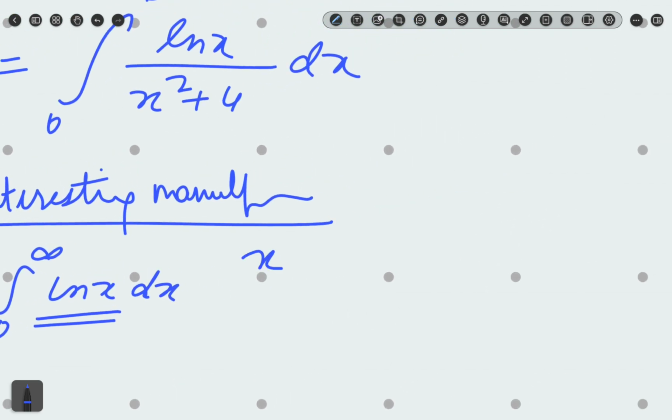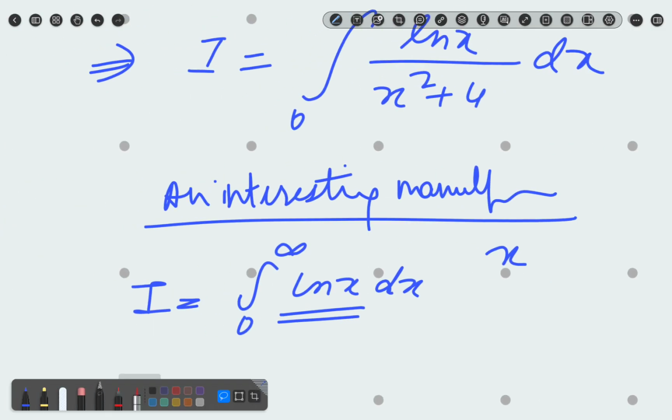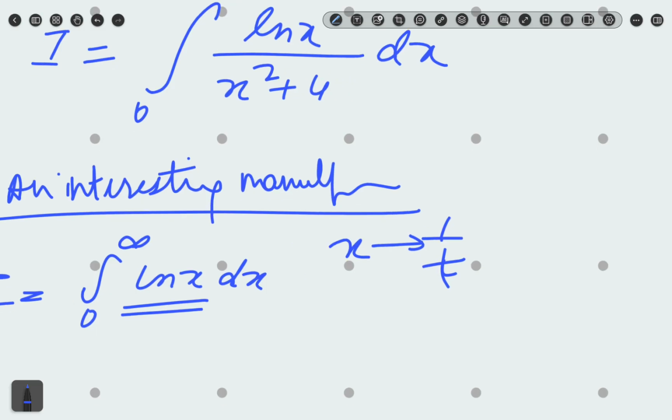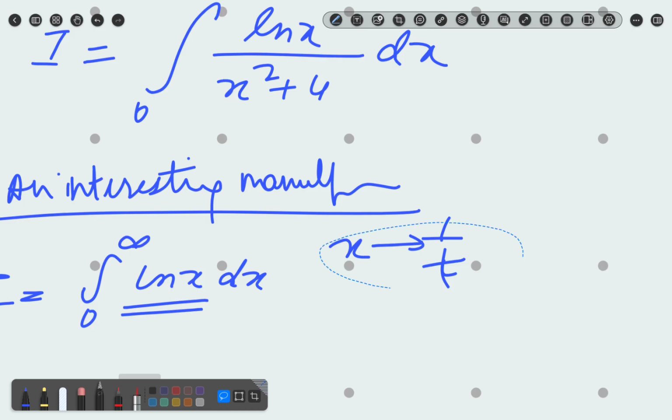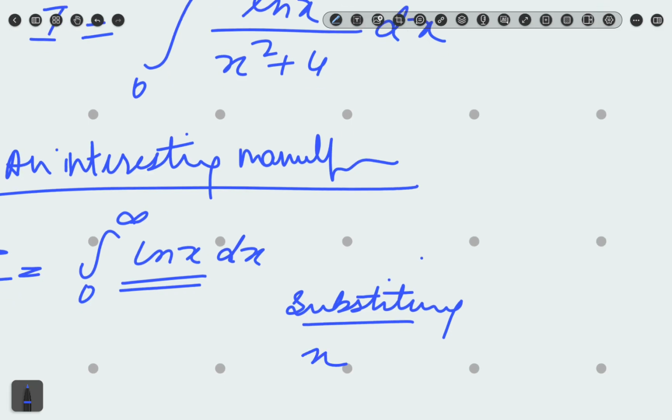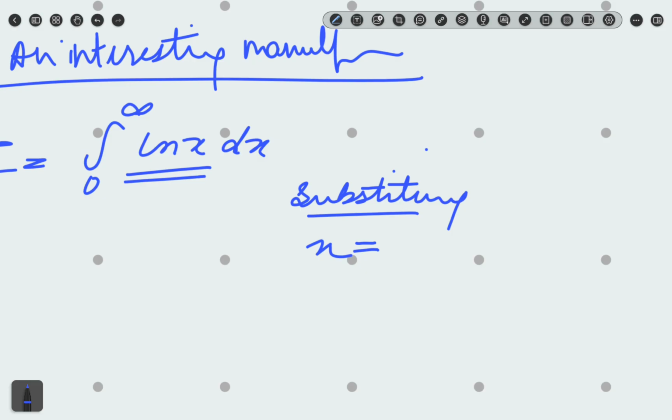If we write, if we convert x into 1 by t, if we substitute x to 1 by t, so dx becomes 1 upon t squared, right?